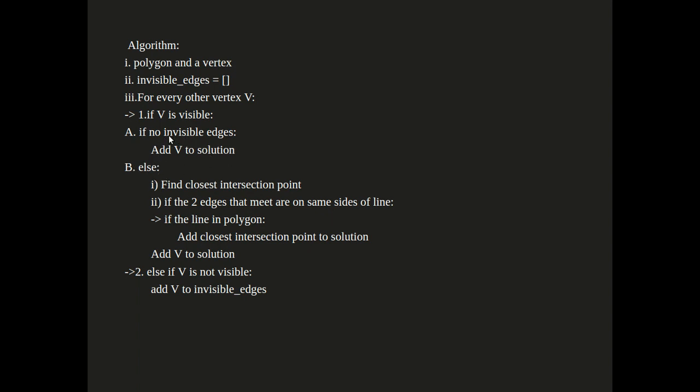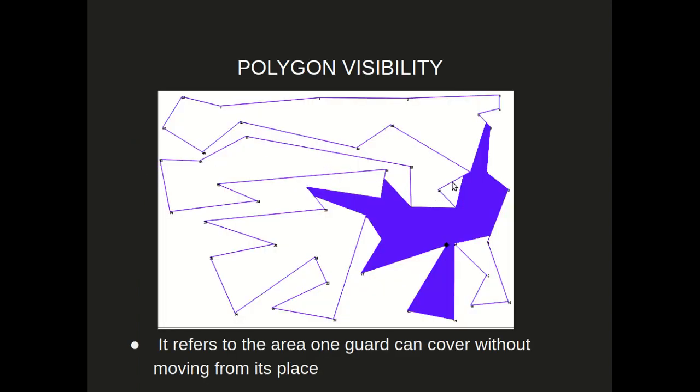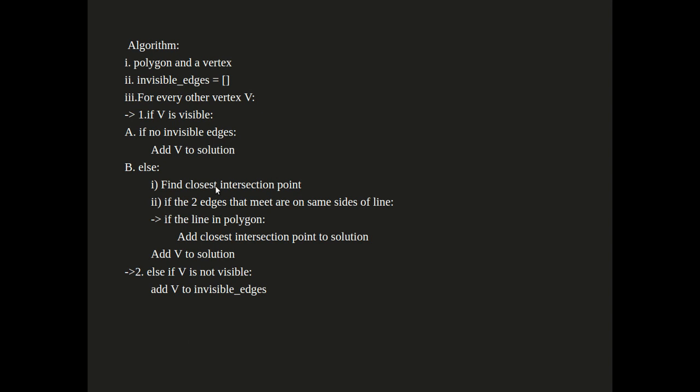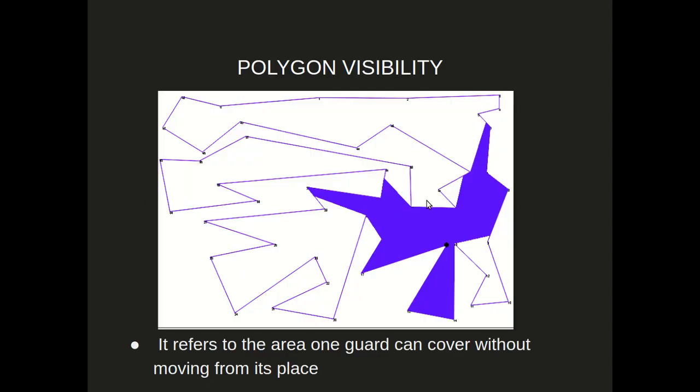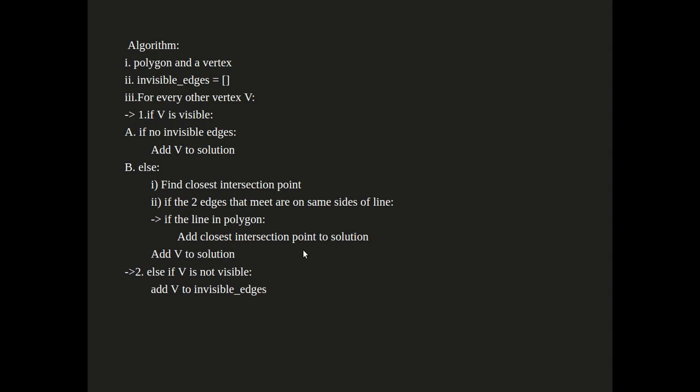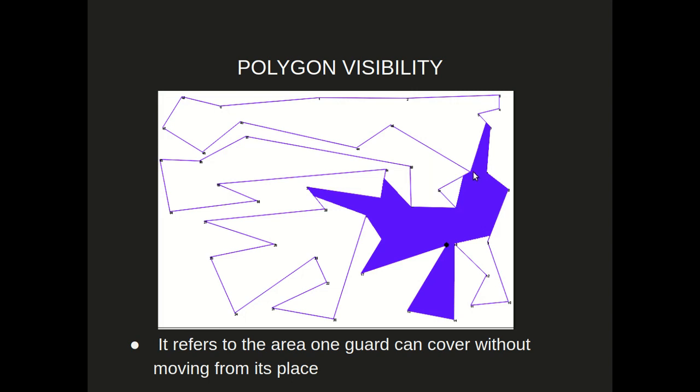And if there is an invisible edge, we have to find this intersection point. We'll find the closest intersection point, and if the two edges meet on the same side of the line, so they should meet in the polygon and be on the same side of the line, then we add this closest point to the solution.